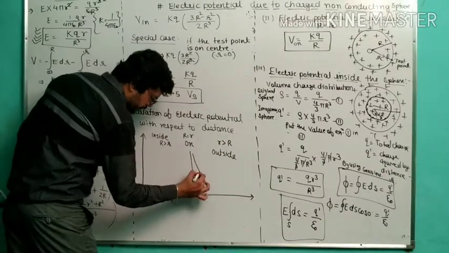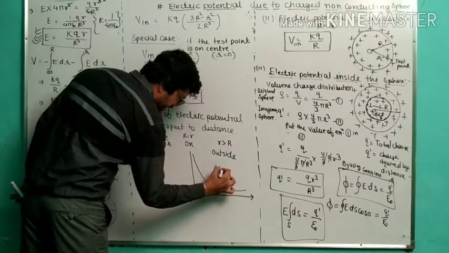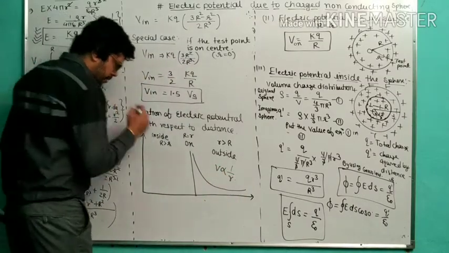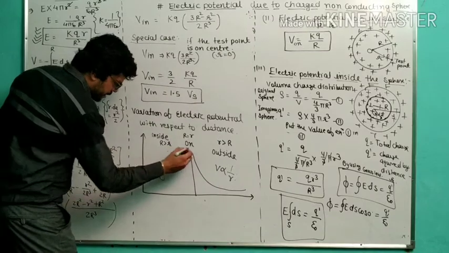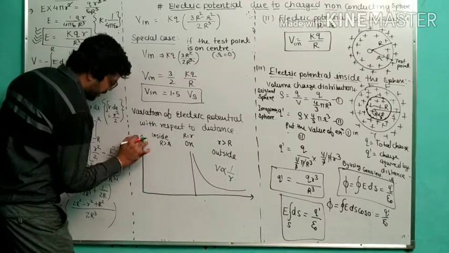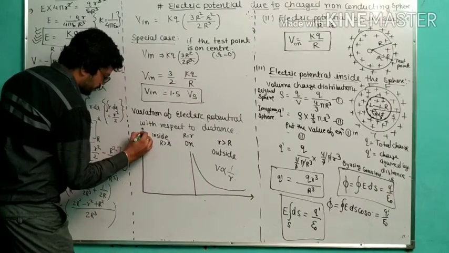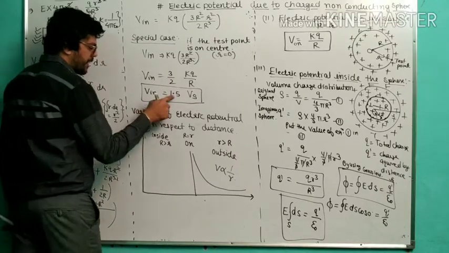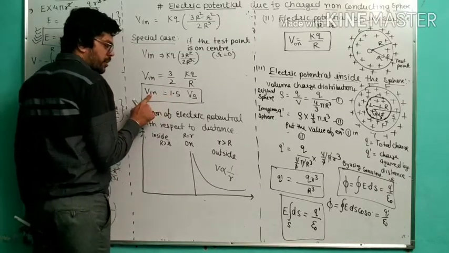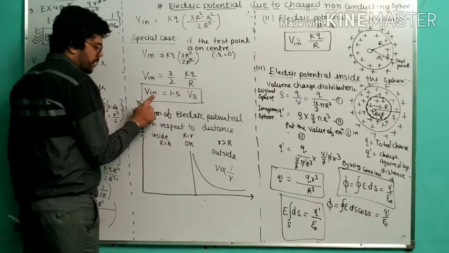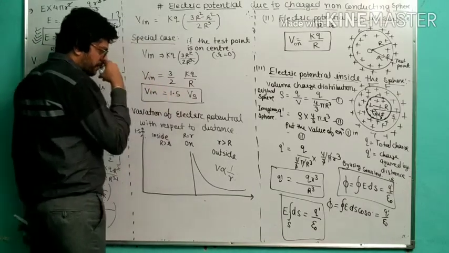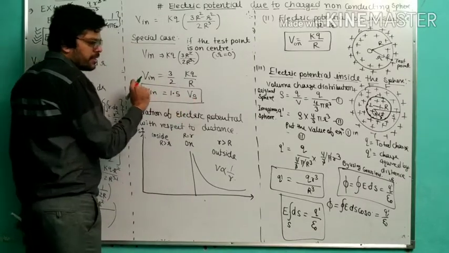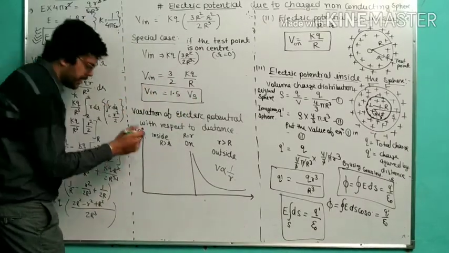Here we understood one case: outside, V is inversely proportional to r. What actually happened here? This is the value 1.5, and I have taken 1.5 because electric potential is maximum inside, and it is 1.5 times Vs. It is more than the electric potential on the surface of the sphere.